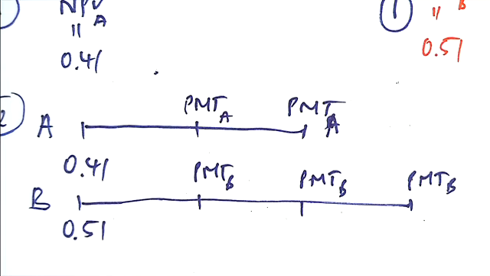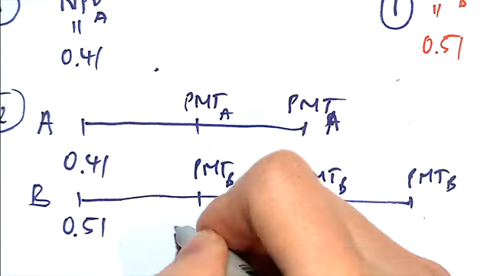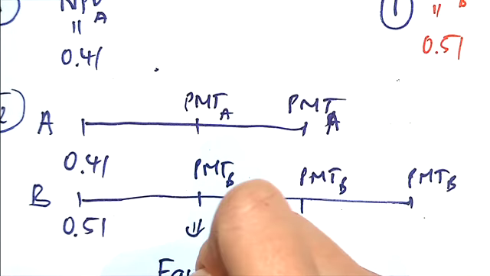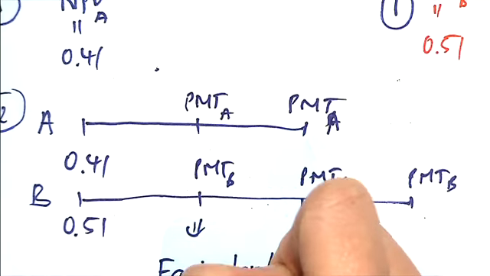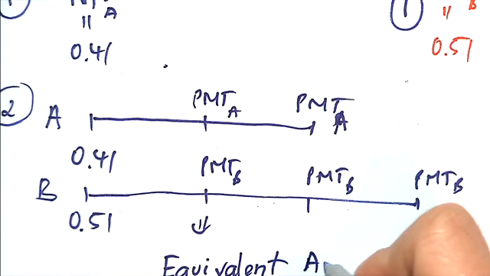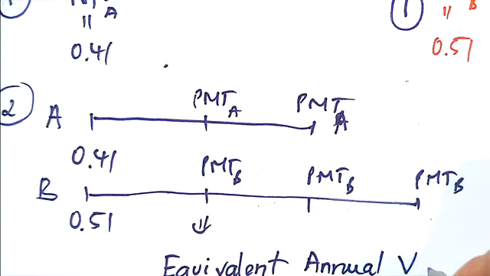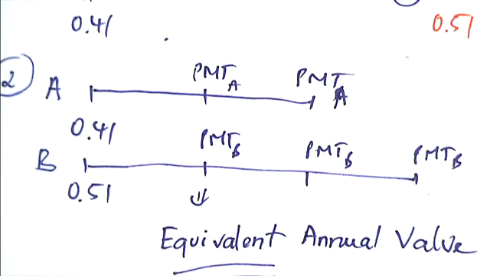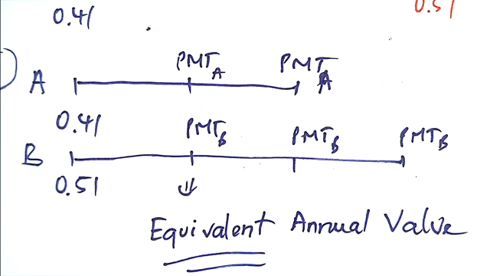You can, and that's exactly what we do with PMT A and B. Is it clear? So with the third method, we are comparing the PMT, and that's why the name is equivalent, because it doesn't exist. It's just an equivalence way of calculating. It is equivalent annual value. And that's why the name is EVA, because we are calculating an equivalent value every year.